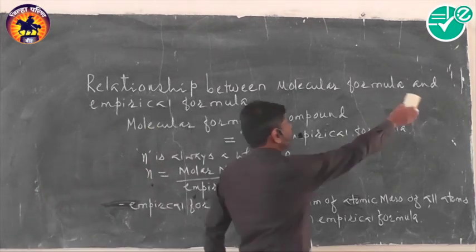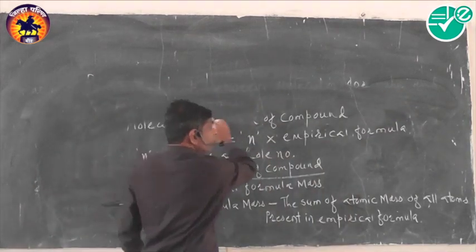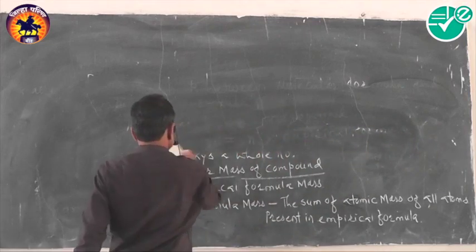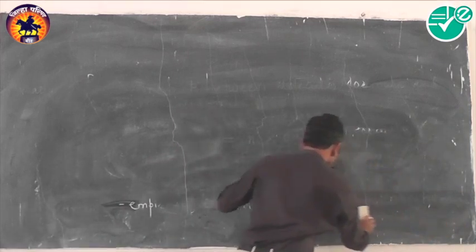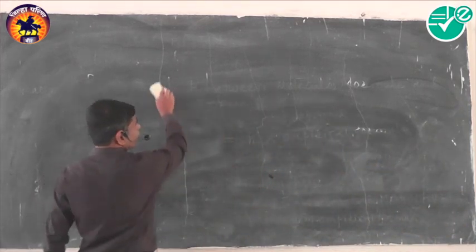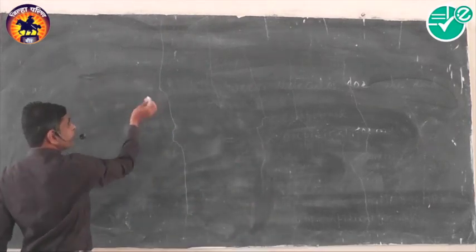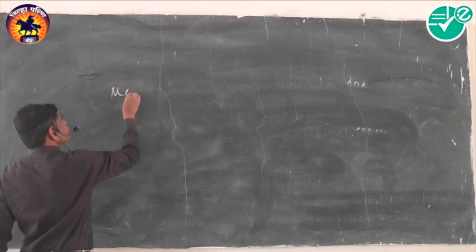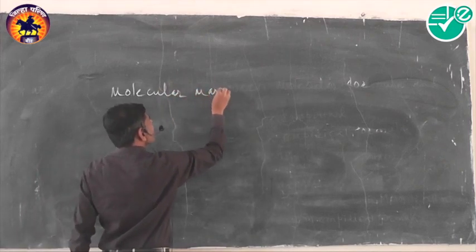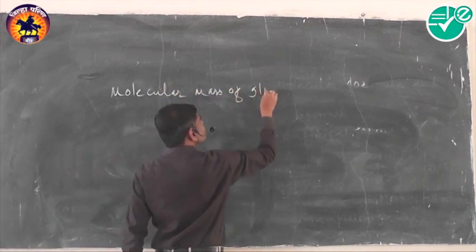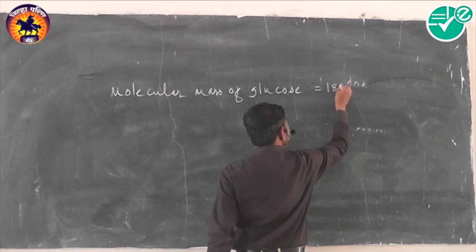Now let us consider some example. If molar mass and empirical formula are known to us, then the molecular formula of the compound can be calculated. For example, the molecular mass or molar mass of glucose is equal to 180.